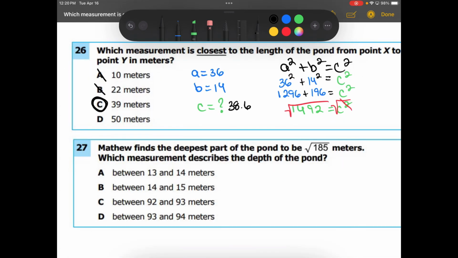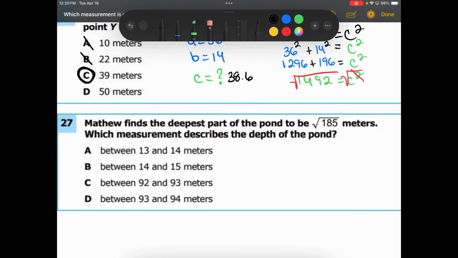Last question, number 27. Matthew finds the deepest part of the pond to be square root of 185 meters. Which measurement describes the depth of the pond? Let's look at our answer choices to figure out what they want us to do. The answer choices are A, between 13 and 14, B, between 14 and 15, C, between 92 and 93, or D, between 93 and 94.